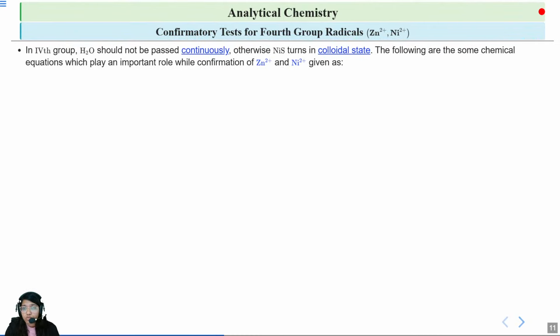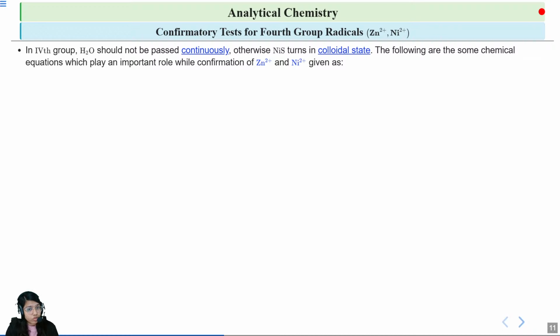So cations of group 4 are precipitated as sulfide using H2S. But we have to take a precaution here. The precaution is that while precipitating group 4 radicals, H2S should not be passed continuously. Otherwise, NiS, that is nickel sulfide, becomes colloidal and does not filter properly.